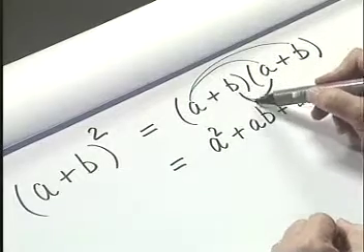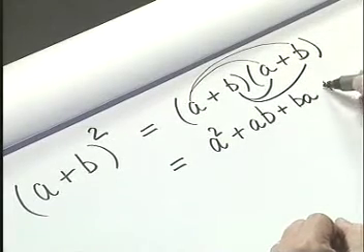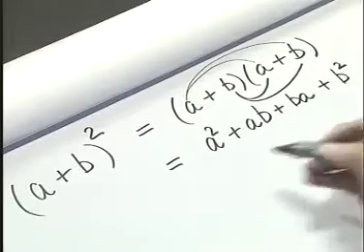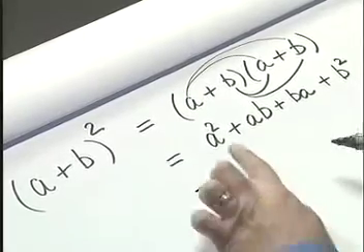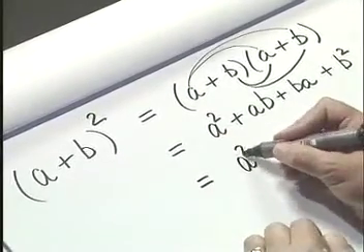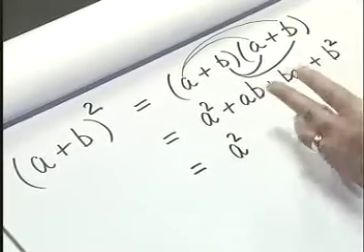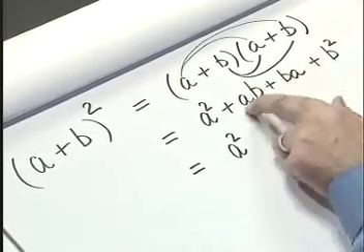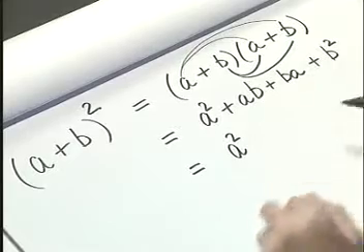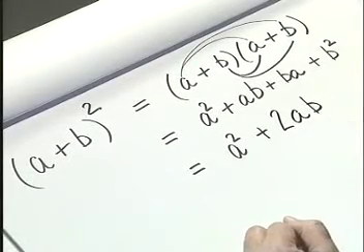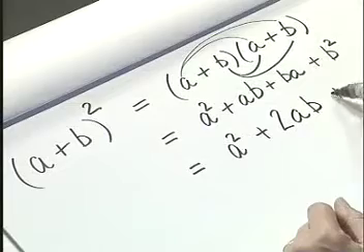And finally, b multiplied by b gives us b squared. And if we just tidy up what we've found, there's a squared. There's an ab, and because ba is the same as ab, there's another ab here. So altogether there's 2 lots of ab. And finally, b squared at the end.